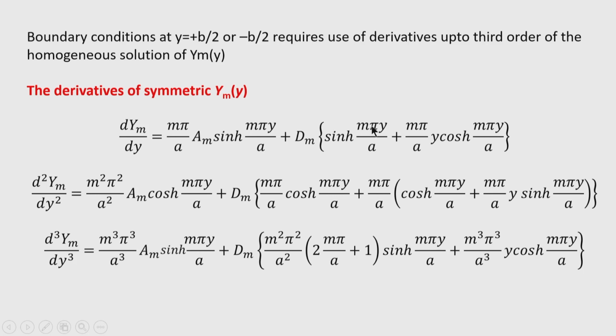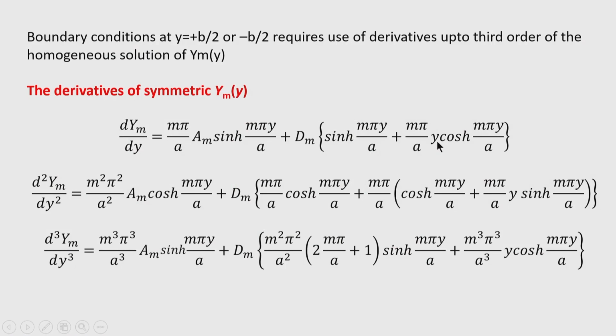Sin hyperbolic, if I differentiate, gives m pi by a cos hyperbolic m pi y by a; this other term is the constant term, so I have taken it as it is. Then the term y cos hyperbolic m pi y by a is differentiated term by term.